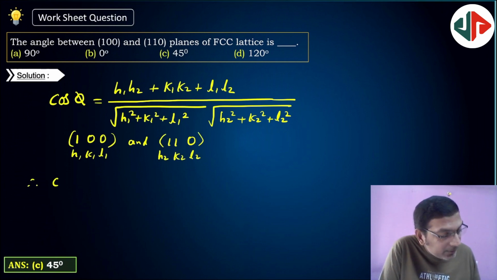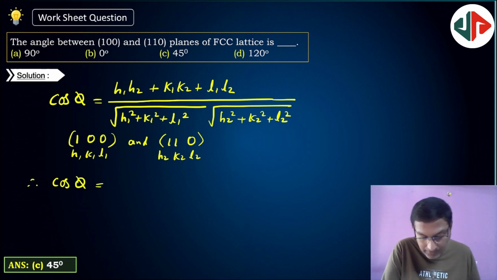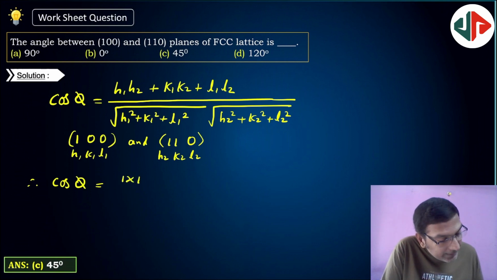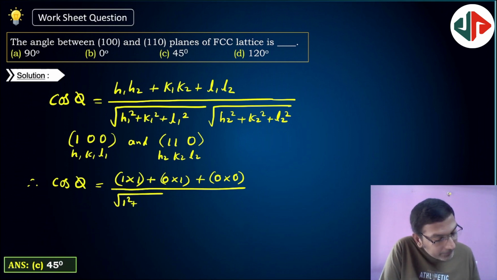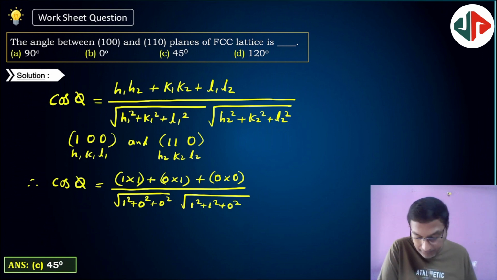Therefore cos phi is 1 into 1 plus 0 into 1 plus 0 into 0, divided by root of 1 square plus 0 square plus 0 square, into root of 1 square plus 1 square plus 0 square.